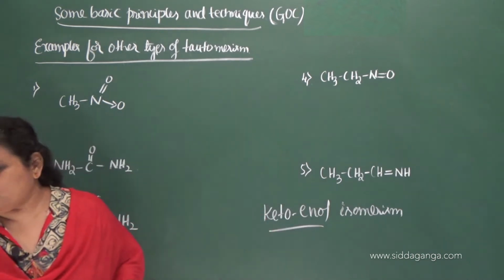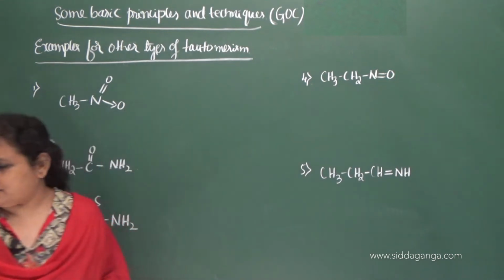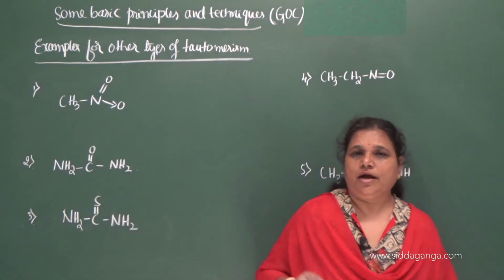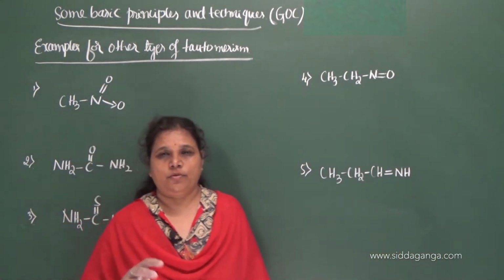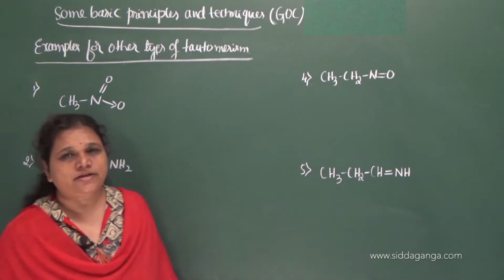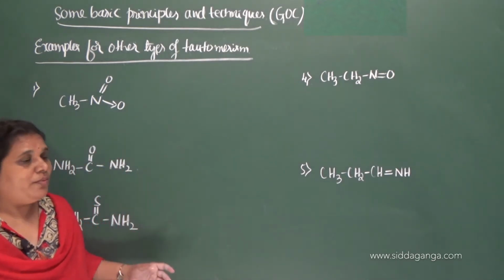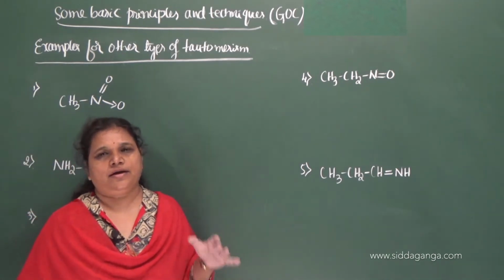Now, let us move on to the examples for other types of tautomerism. Other types of tautomerism means that not only does the migration of alpha hydrogen take place in carbonyl compounds, but it also takes place in other classes of organic compounds, where it satisfies the essential conditions for tautomerism.